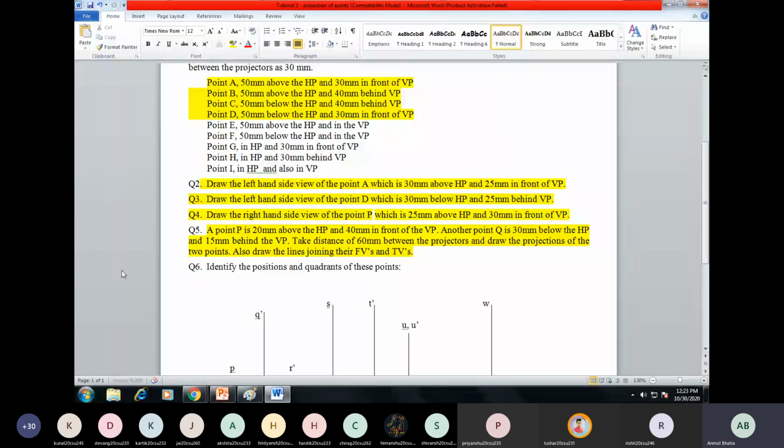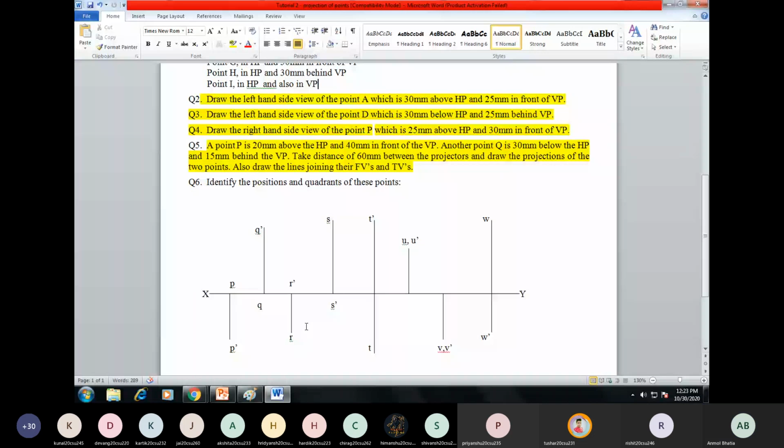Okay. Now we are only left with these categorizations of the points and some identification.